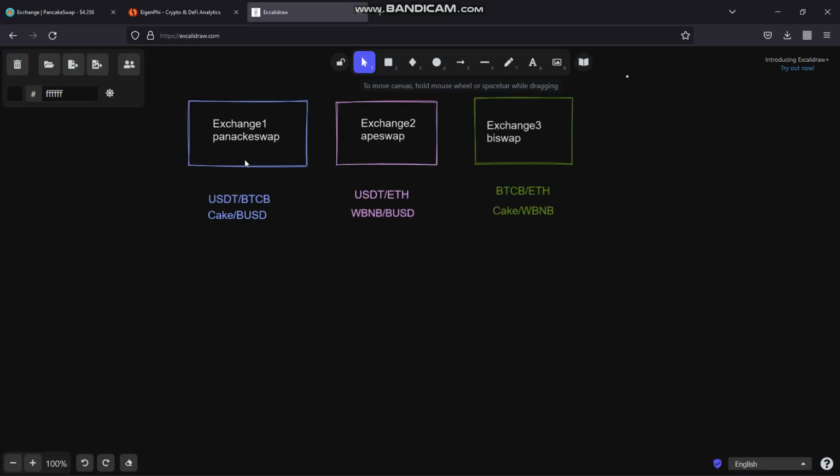Let's assume exchange 1 has 9,000 pairs fetched. From that 9,000, it will take 500 pairs and structure them with the other exchanges, 500 at a time in exchange 1.